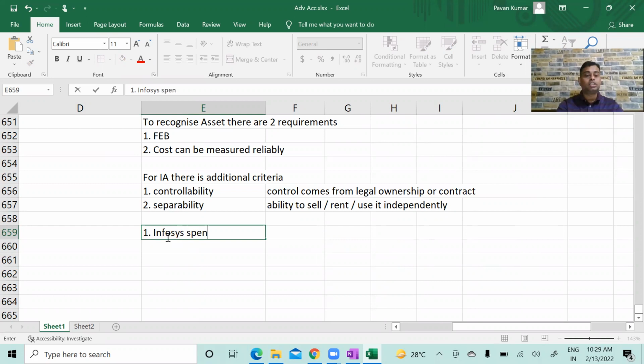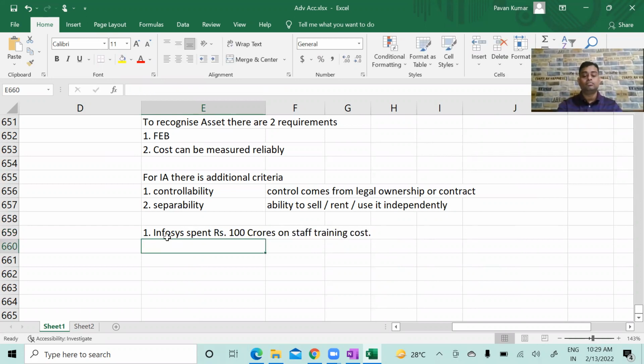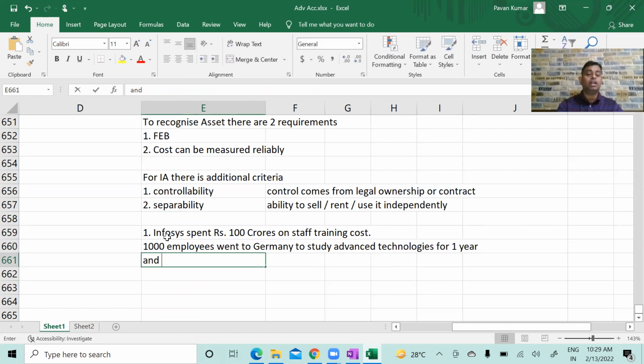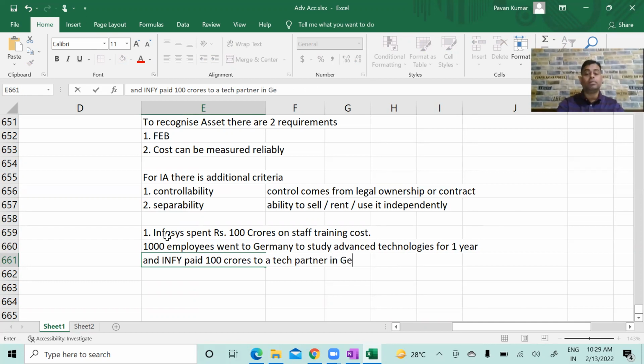Infosys spent 100 crores on staff training cost. 1,000 employees went to Germany to study advanced technologies for 1 year, and Infosys paid 100 crores to a technology partner in Germany for this training.